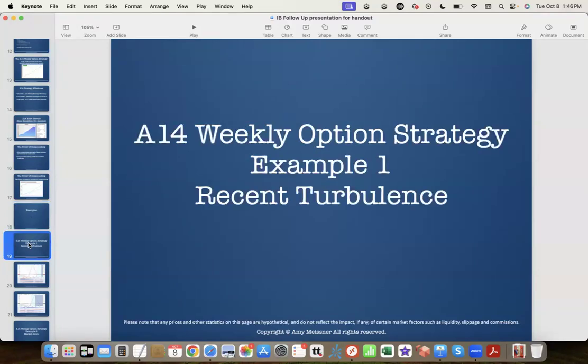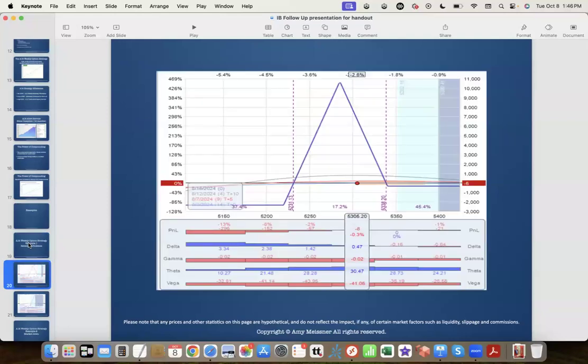So here's an example. I'm sure a lot of you recall, it wasn't that long ago, at the beginning of August, we really had some pretty big turbulence come up all of a sudden that we hadn't seen in a while, with the big volatility pop and everything. So this trade right here was entered, and you can see that's that broken wing butterfly I showed you, where you have more risk on one side than the other.